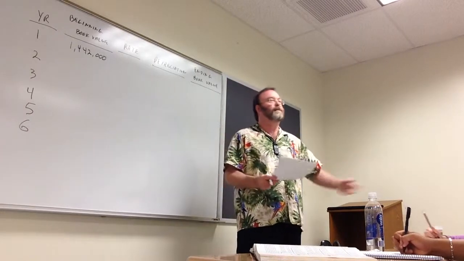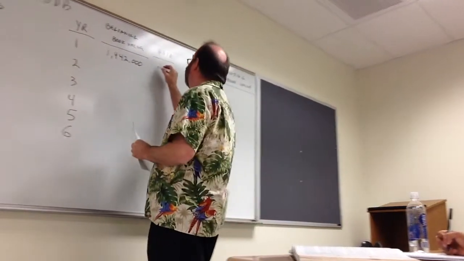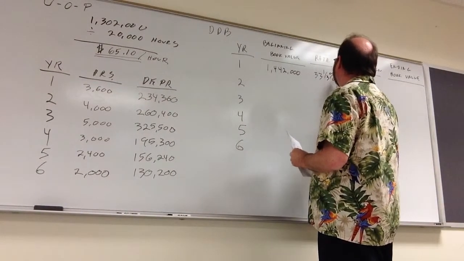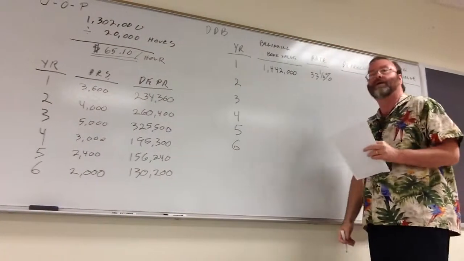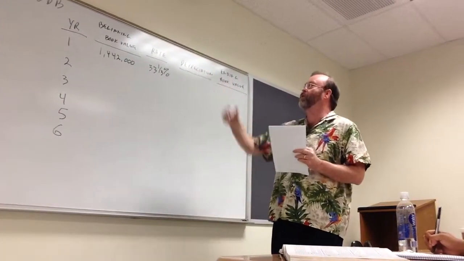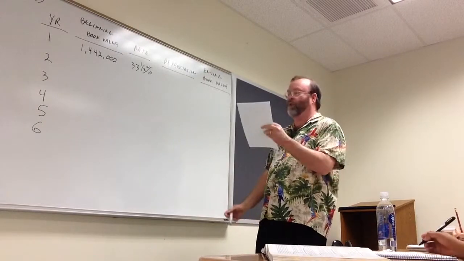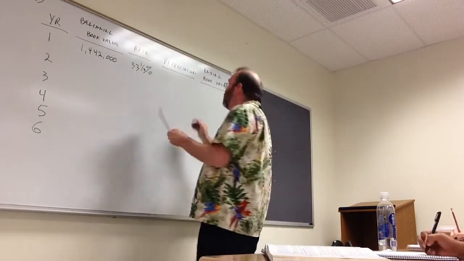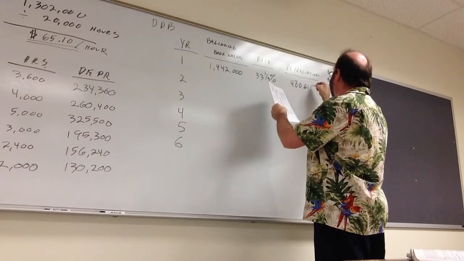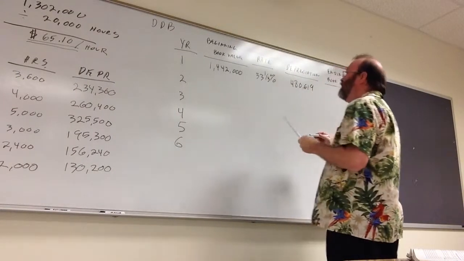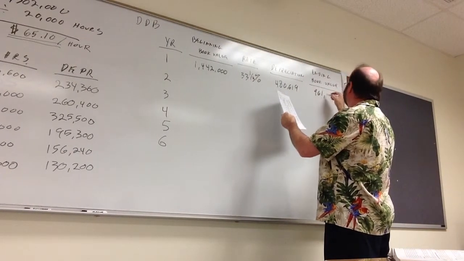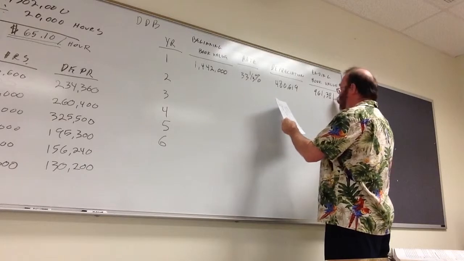Double it. 33 1/3. So if you take 1/3 of 1,442,000, you get 480,619, leaving you with 961,381.